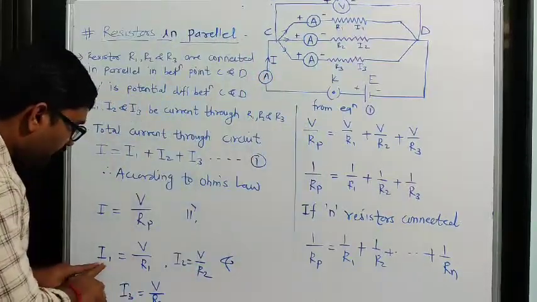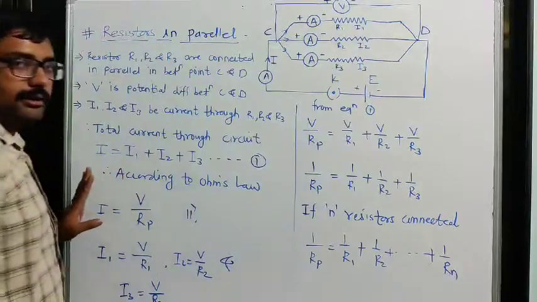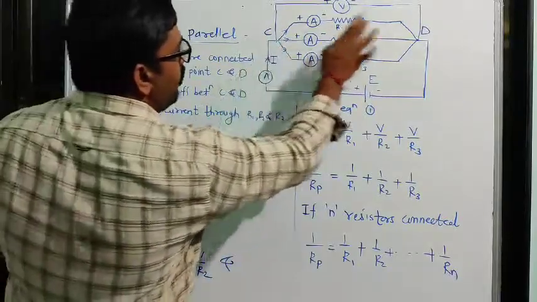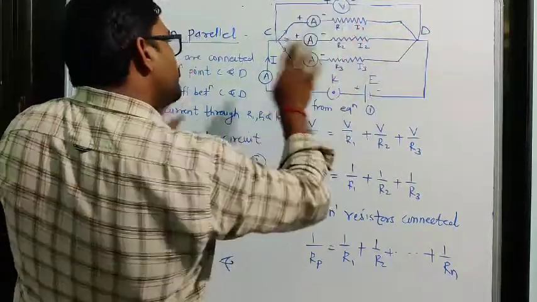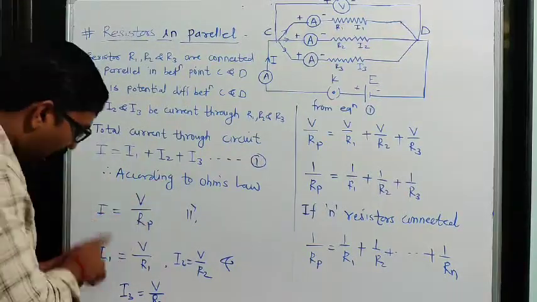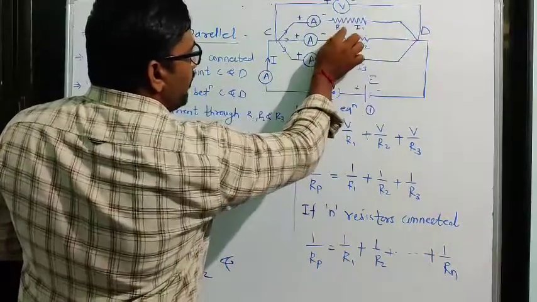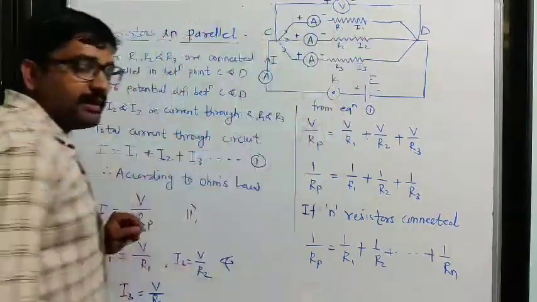So I1 will be equal to V divided by R1. Look, in between points C and D this potential difference remains constant. So here I1 will be equal to this potential difference divided by this first resistance R1.